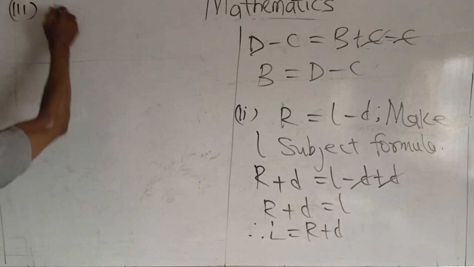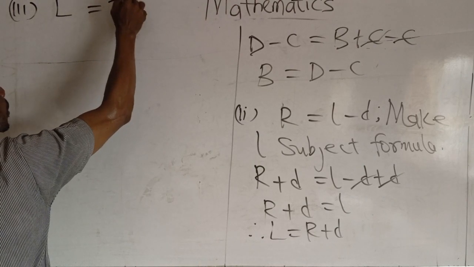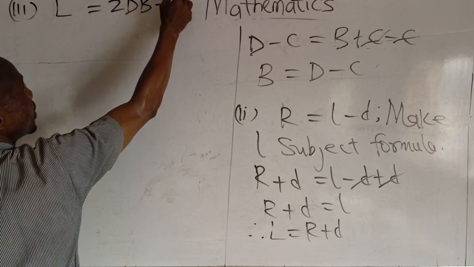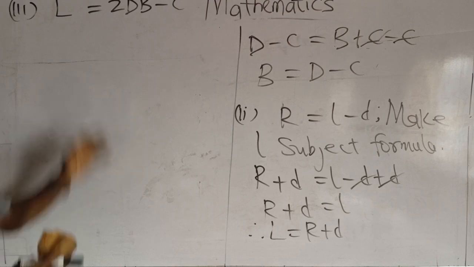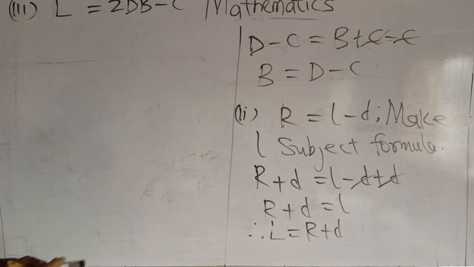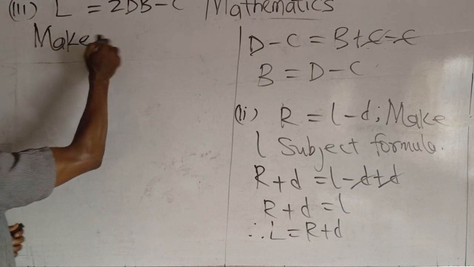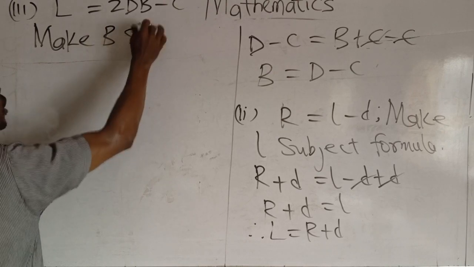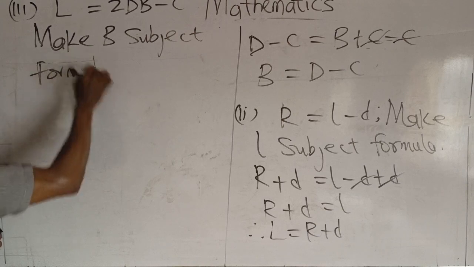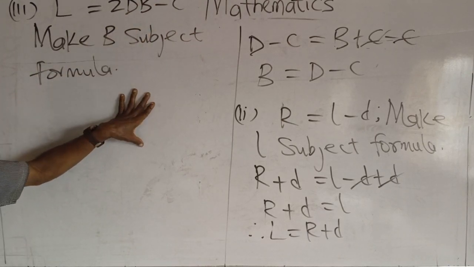We have L is equal to 2db minus C. And here we want to make B the subject of the formula.